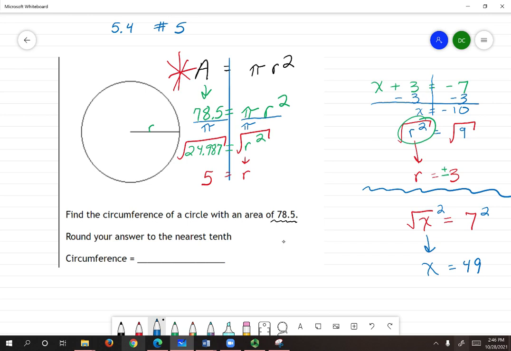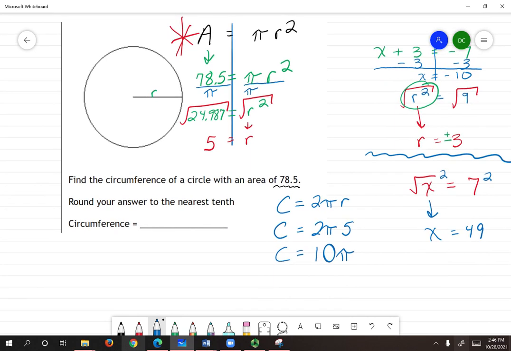We're going to talk about the circumference. Circumference is either pi times the diameter or 2 pi r: 2 times pi times the radius, which is 5. And 2 times pi times 5 is the same thing as 10 pi. Whoops, I'm sorry, that's a C. If I do this properly, then I'll take pi times 10.